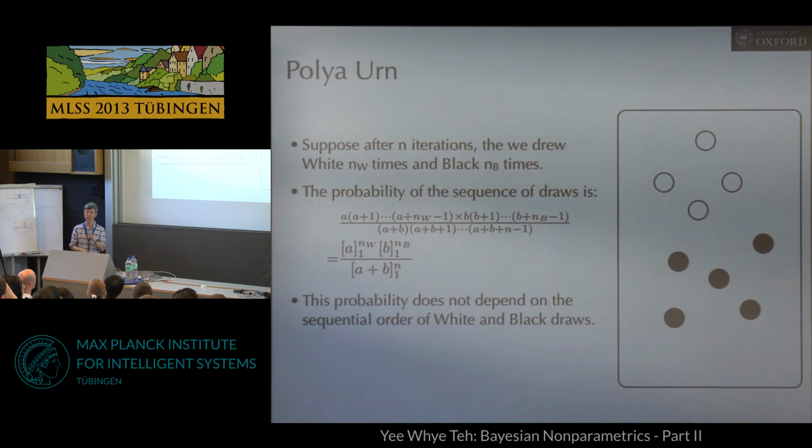All it depends on is the resulting number of white balls and black balls. Which means that this Polya urn scheme defines a sequence of random variables, the colors of the balls that you drew at each time. And this sequence is exchangeable. It doesn't depend on the ordering.